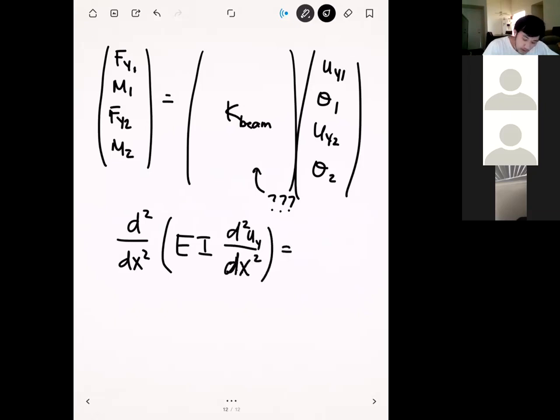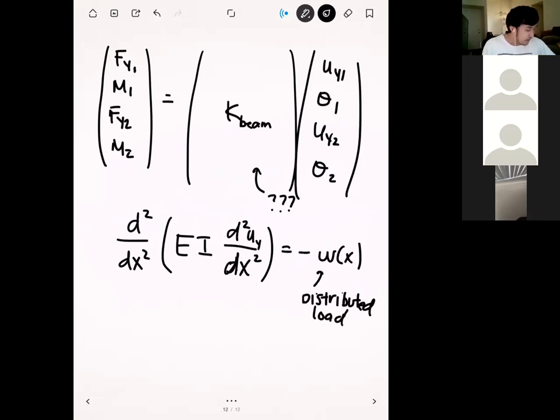This is equal to minus W of x, where W of x is a distributed load. This is just a straight up Euler-Bernoulli beam equation that you might find in your previous textbooks.